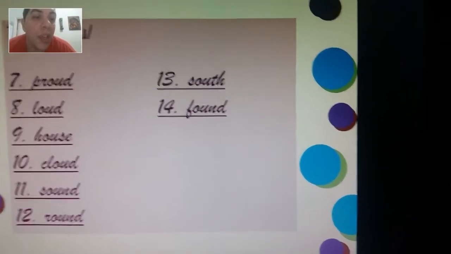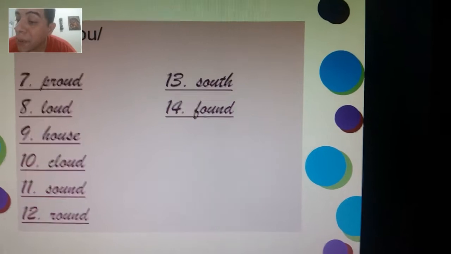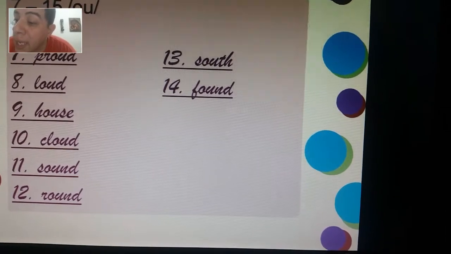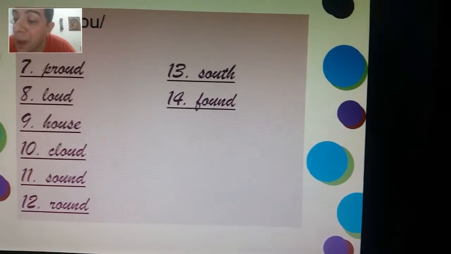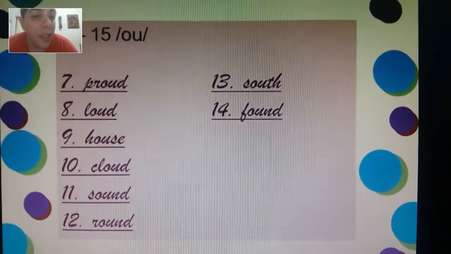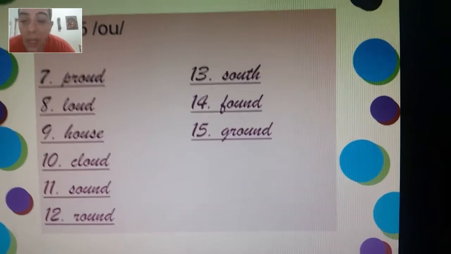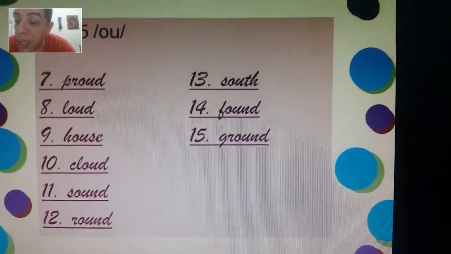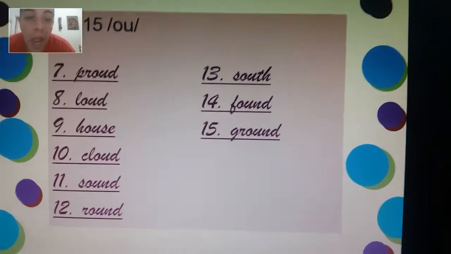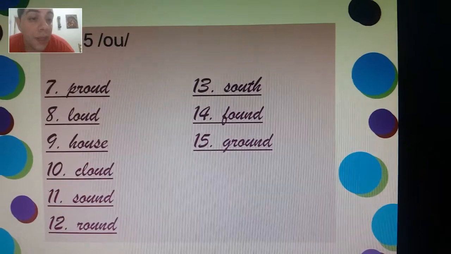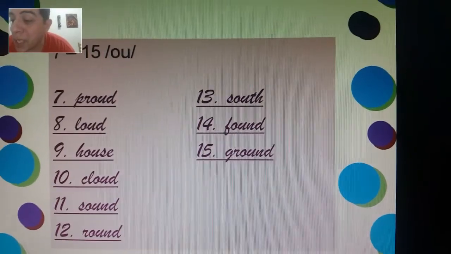Okay, number 14. Found. Example from the book. Rosa found her missing sock. Yeah, that's very common, losing socks. 15. Ground. It is hard to dig in the frozen ground. Ground. Suelo. We're done with this page, fellas.